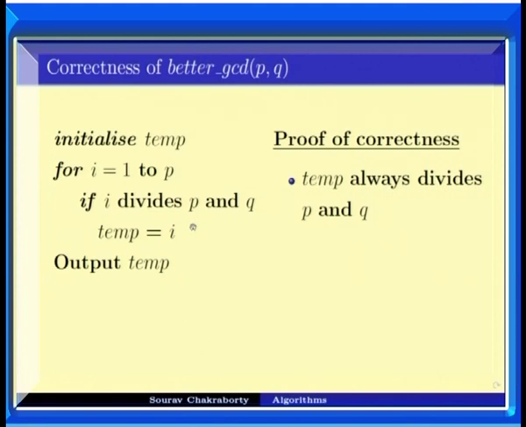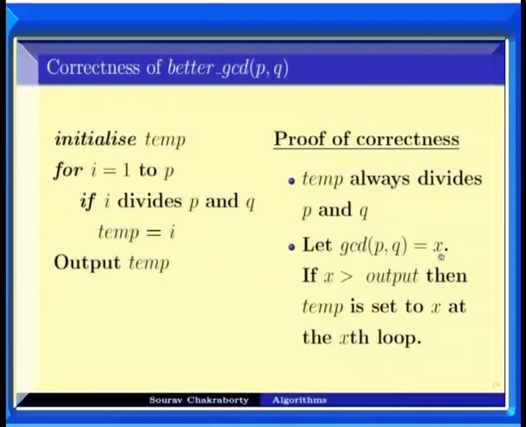Thus, whatever the output is always divides both p and q. Let the GCD of p and q actually be x. If x is bigger than what we output finally, then when we went from 1 to the pth round of the loop, we would have updated temp to x, but that did not happen.